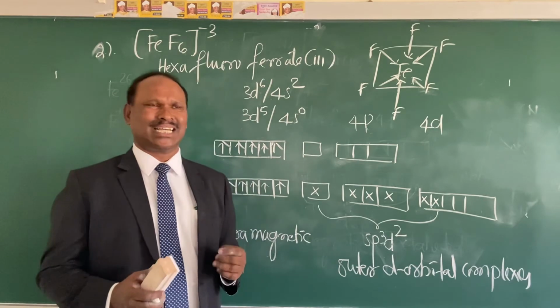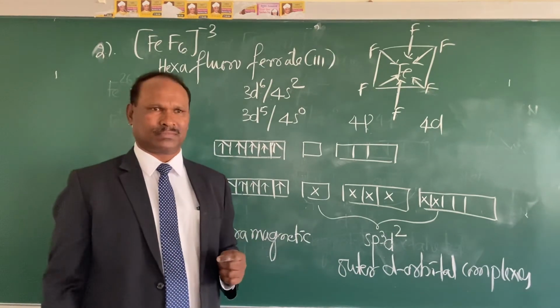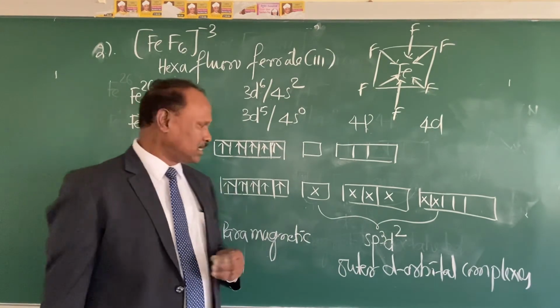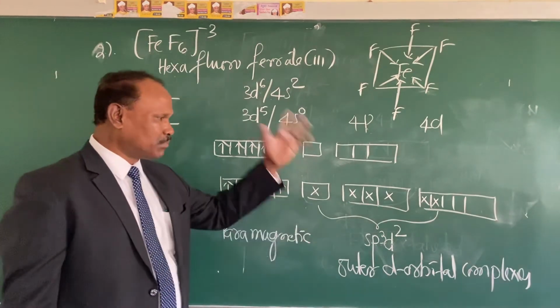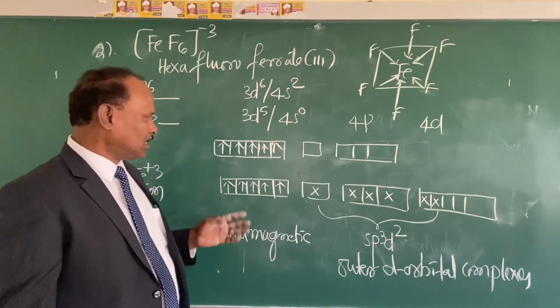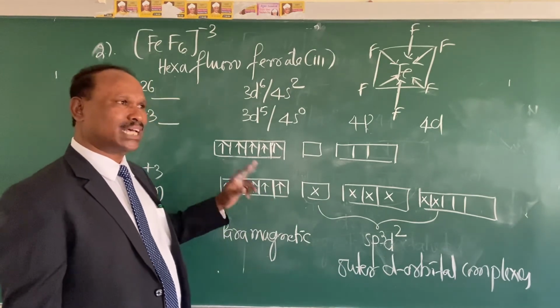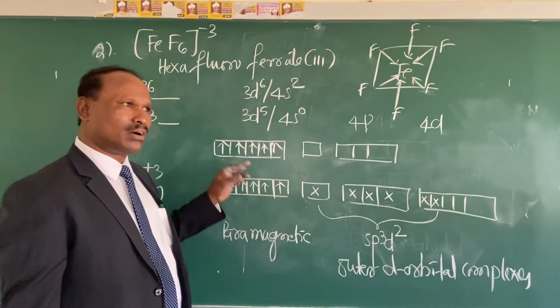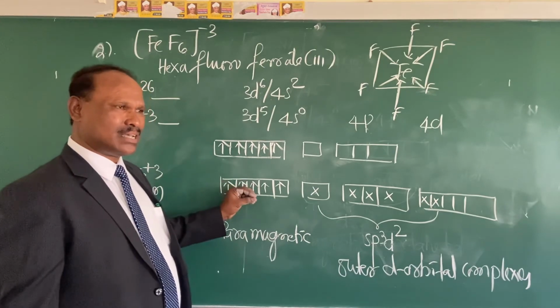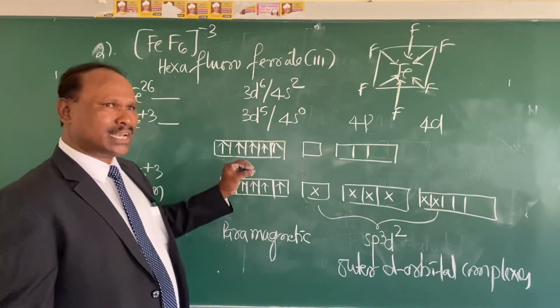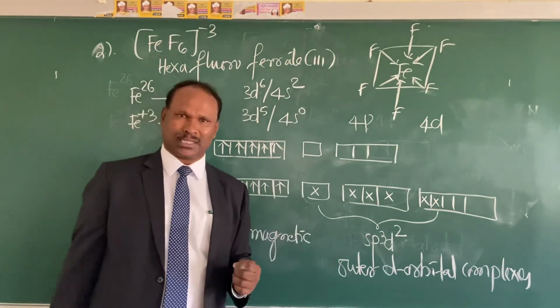Whereas you look at these outer orbital complexes, they have more unpaired electrons. Therefore, they are called high spin complexes.